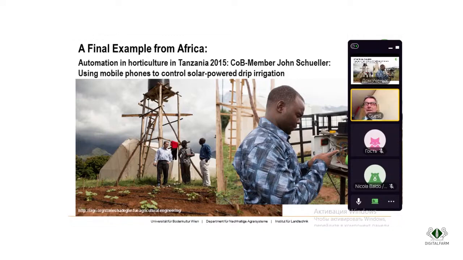This example shows that these technologies are not only technologies for big farms, they are embracing all our daily life, as I have shown before.